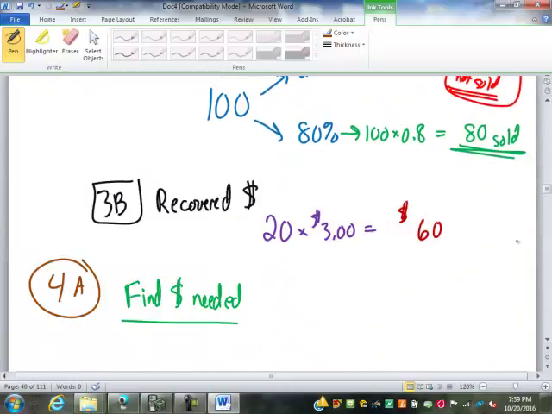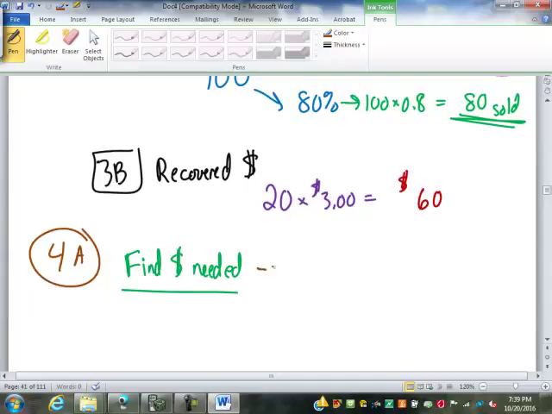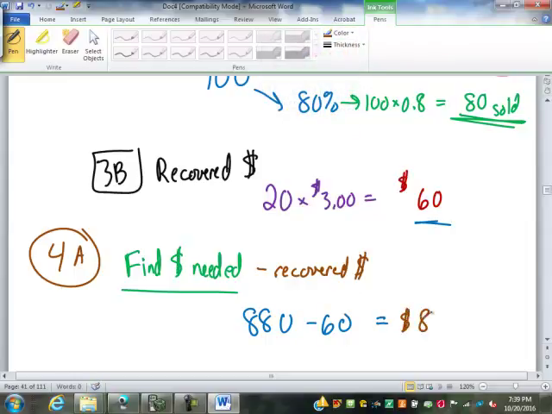We're recovering, we're going to subtract the recovered amount. So we're recovering $60. So we're going to take our $880 that we need to get out of that amount of shirts, and we're going to subtract that $60 that's recovered. So in reality, we only need to get 820 out of the ones that do sell.